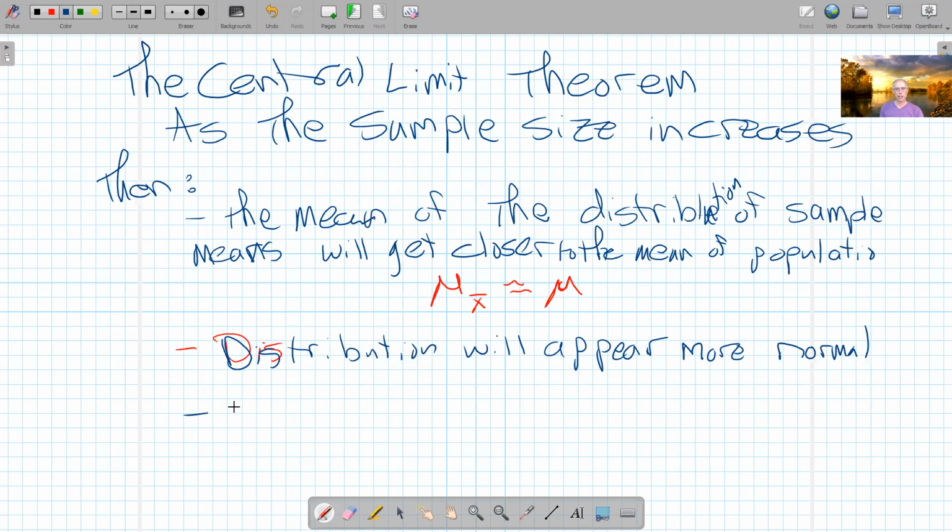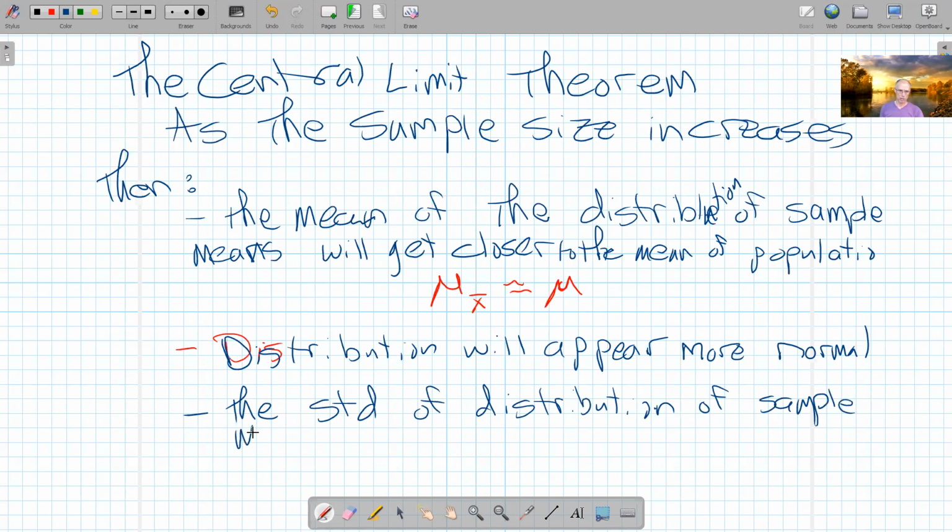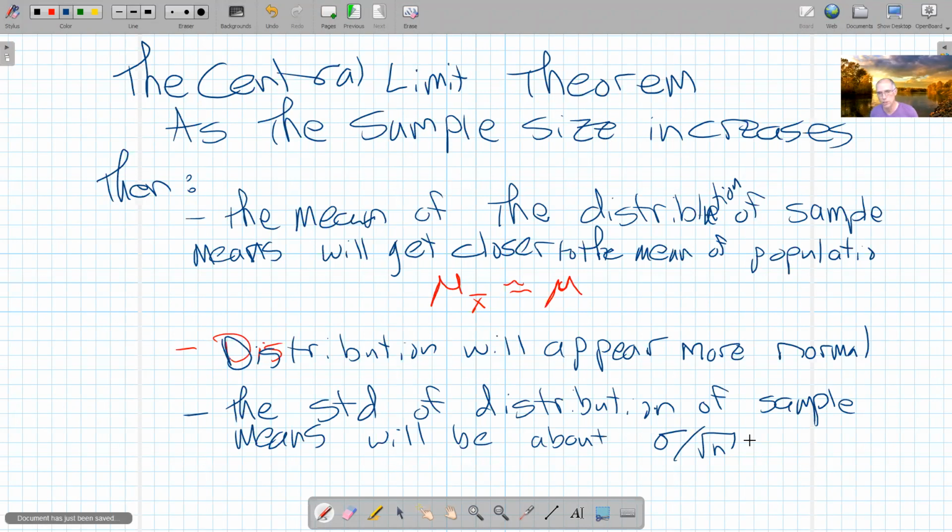And then the standard deviation, let's call it STD, of the distribution of sample means will be about the standard deviation of the population over the square root of the sample size, in words and in symbols.